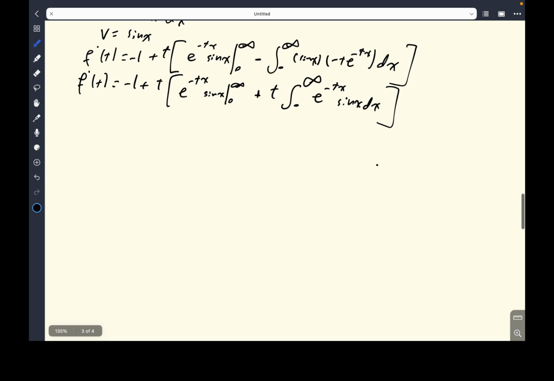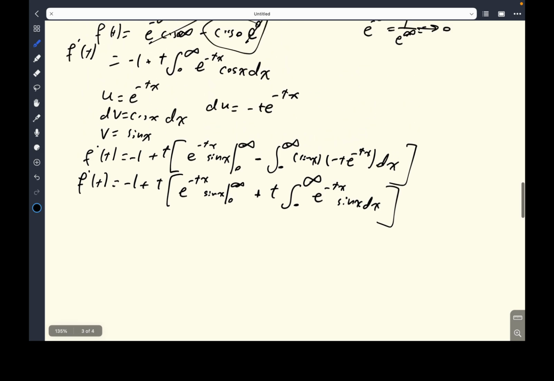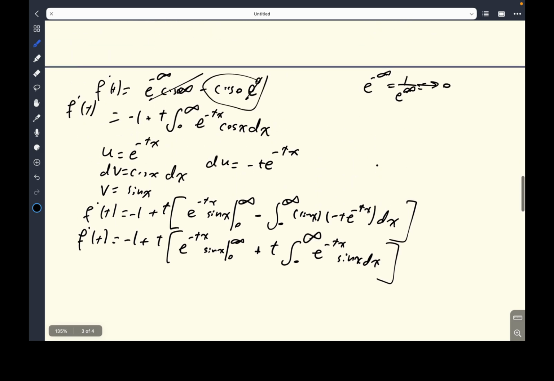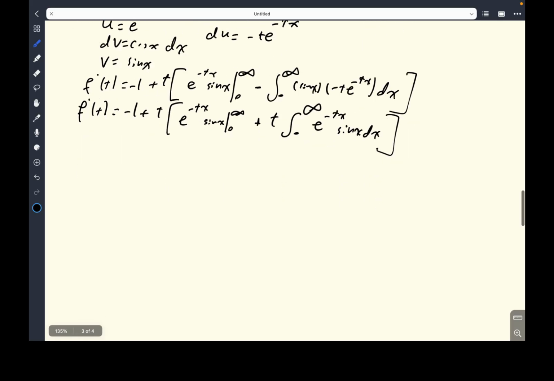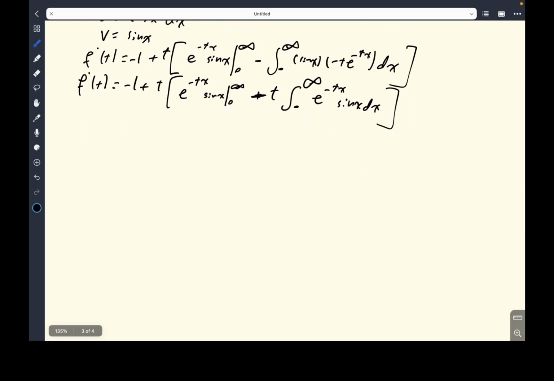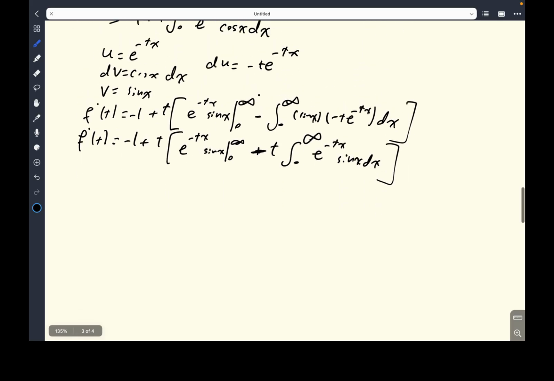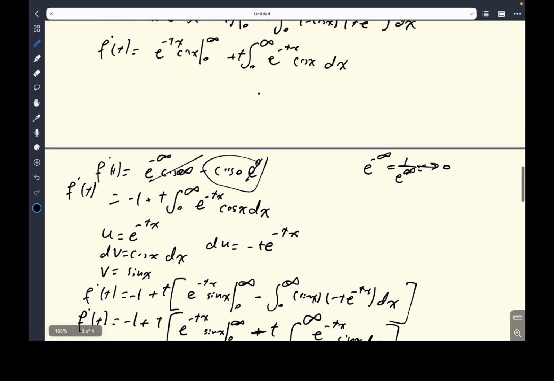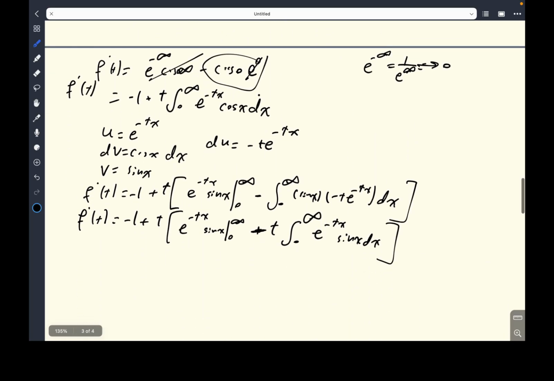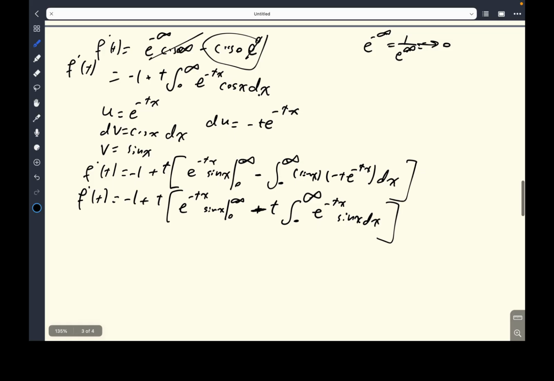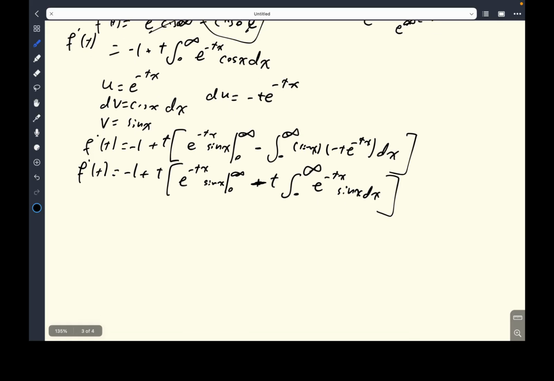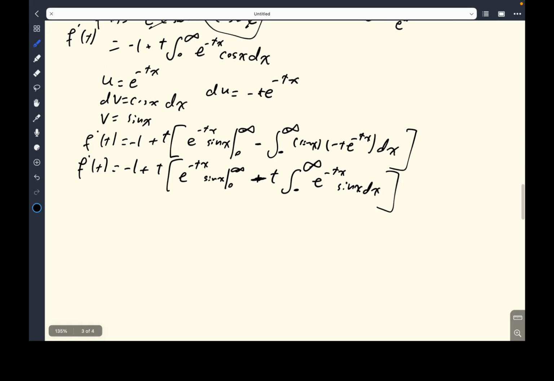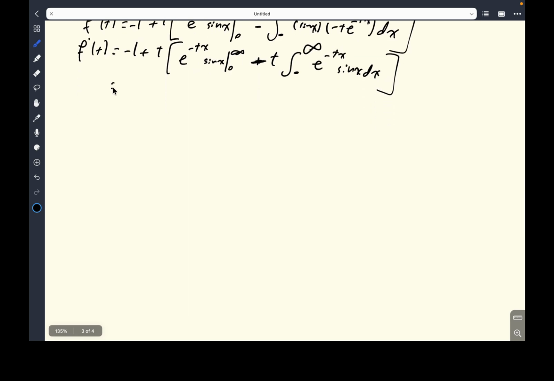So now, this thing here should be negative. So what did I do wrong here? u equals e to the negative tx, my du is negative t e to the negative tx. Let's proceed further. Negative 1 plus t e to the negative tx.